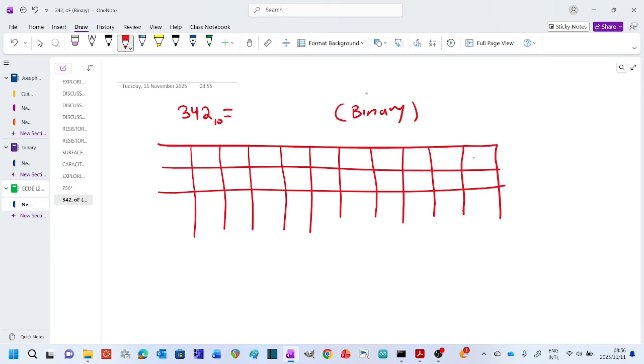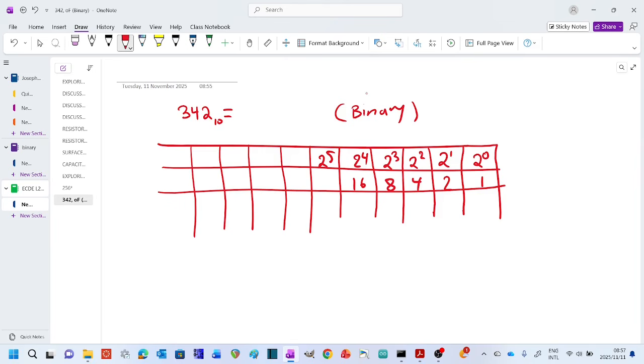So 2 to the power 0 gives me 1, 2 to the power 1 gives me 2, 2 to the power 2 gives me 4, 2 to the power 3 gives me 8, 2 to the power 4 gives me 16. 2 to the power 5, you have to use a calculator when you're struggling.